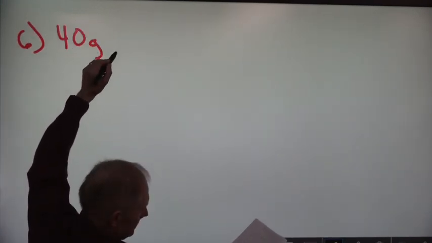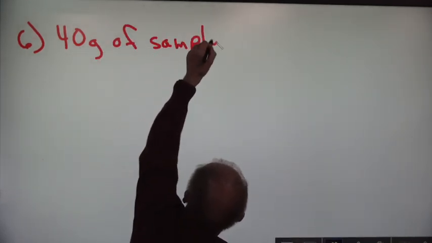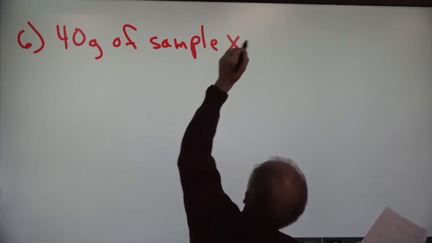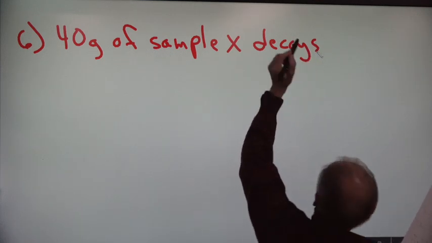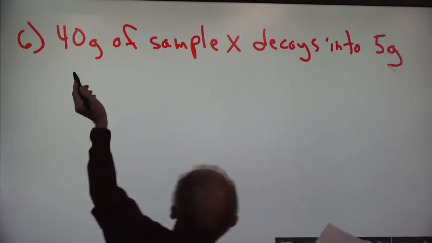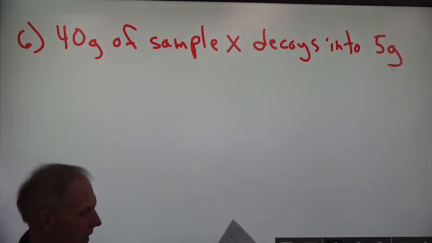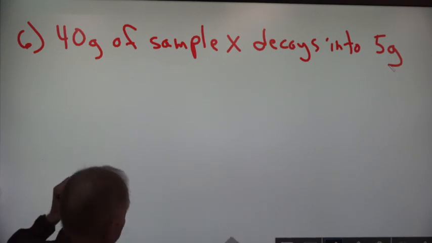This is one of my most favorite questions. I think this is number 6, I hope. So 40 grams of sample X decays into 5 grams in 15.78 years.